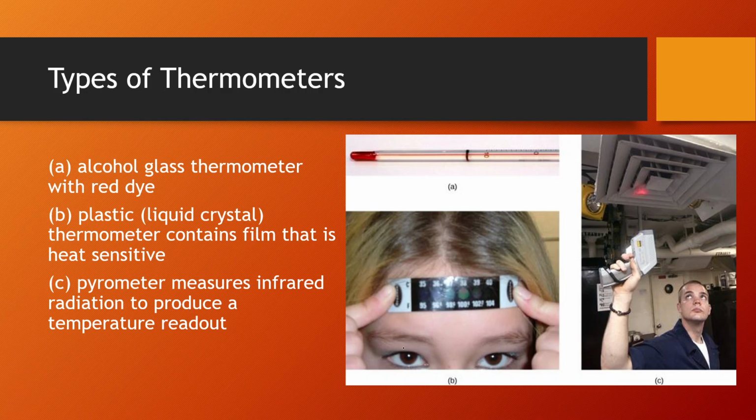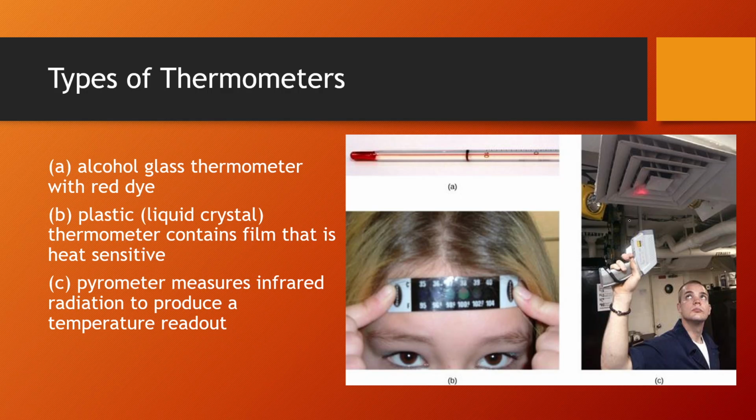The second is a plastic or liquid crystal thermometer that contains a film that is heat sensitive. So you can see she's holding it up to her forehead to read her temperature. Then we have another one that measures infrared radiation to produce a temperature readout, and that is a pyrometer.